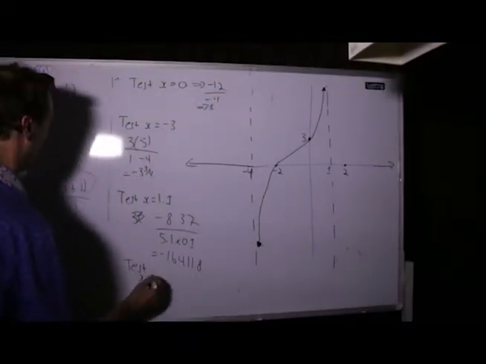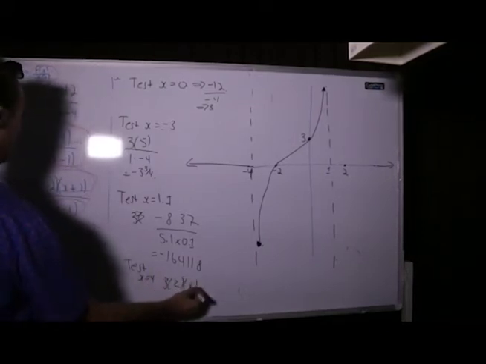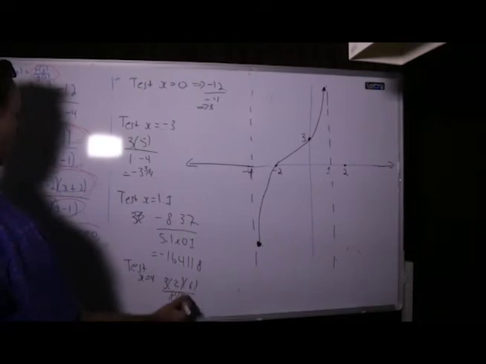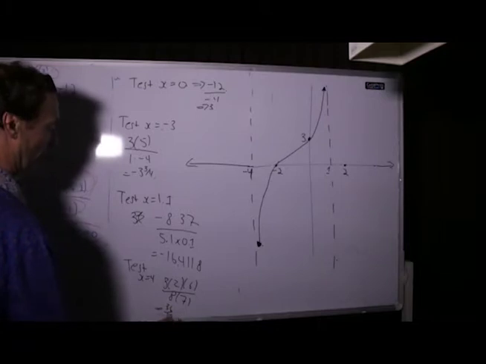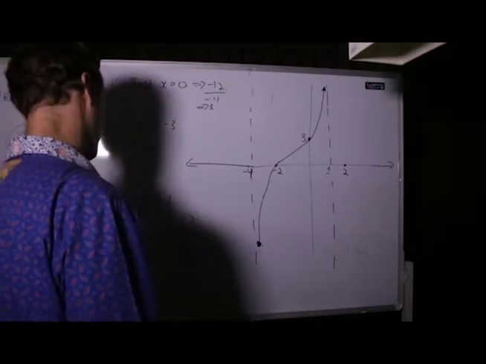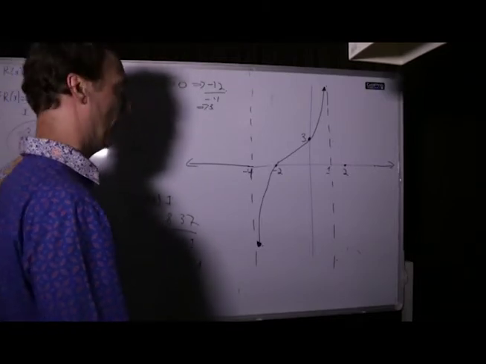Okay, test x equals 4. We will get 3 outside of 2 outside of 6 over 8 outside of 7. 1236 divided by 56. That means it's less than 1, obviously.